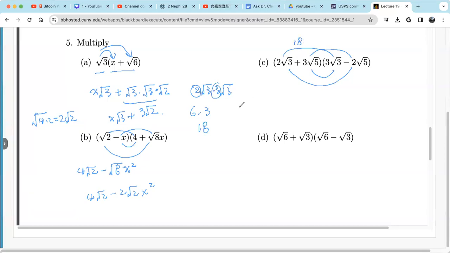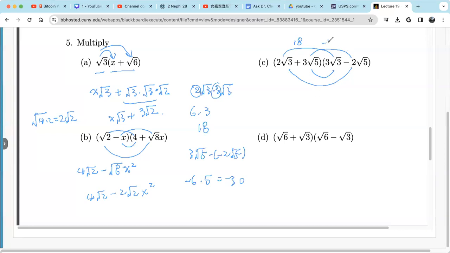Now, let's pull here, 3 radical 5 multiplied by negative 2 radical 5. 3 times negative 2, negative 6. Radical 5 times radical 5, 5. So we got negative 30.